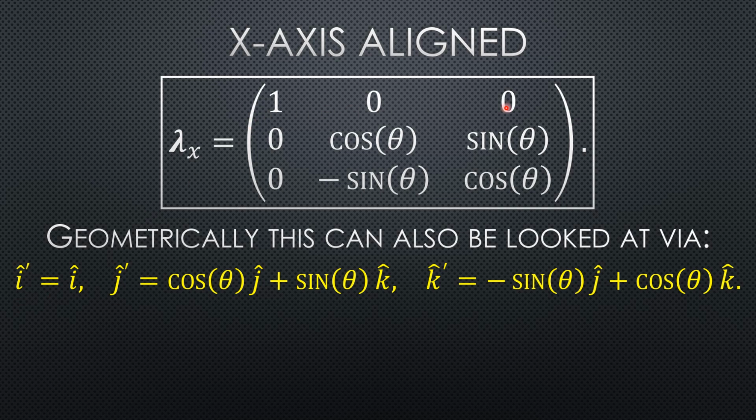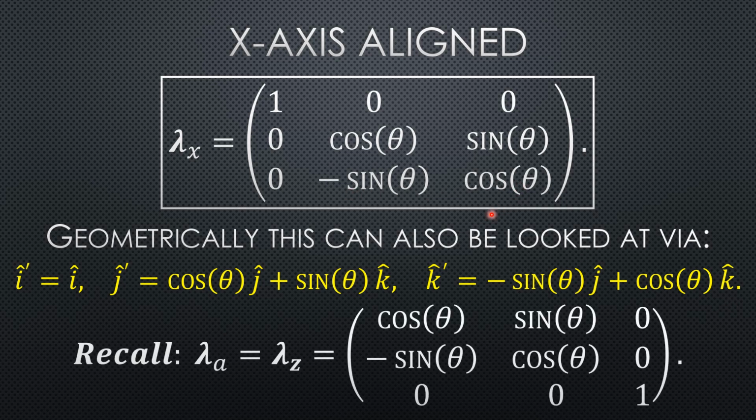So that's the 1, 0, 0 there. j hat prime is composed of some part in the old y direction, and now some part in the old z direction. So we have cosine, sine. The new k hat, the z direction, is now some negative part in the old y direction and still some amount in the old z direction. So negative sine, cosine there.